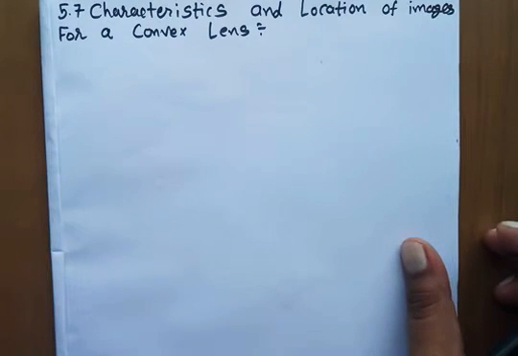Our topic is characteristics and location of images for a convex lens. In this topic, we discuss the different positions at which an object can be placed on the principal axis.